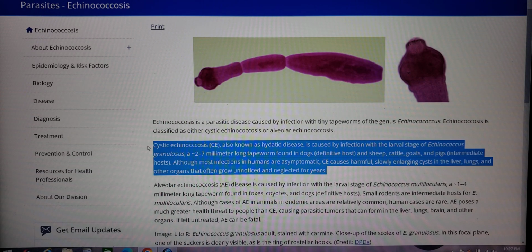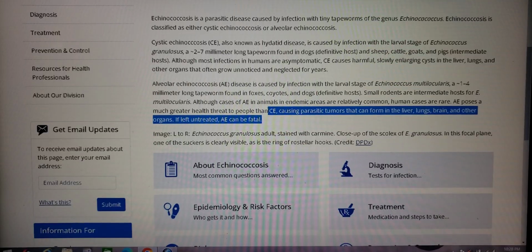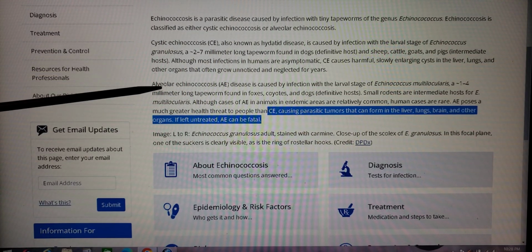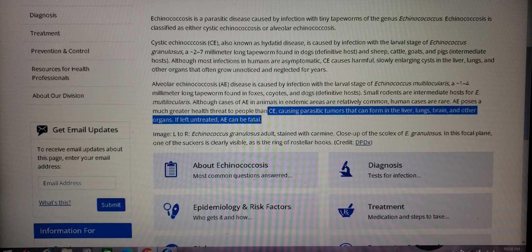for years. So these cysts slowly grow and cause problems, and then eventually they break open, and you can have one of these tapeworms wrapped around your lung or in other organs of your body. Now, this parasite can also get into the alveolar parts of your body and cause alveolar echinococcus.